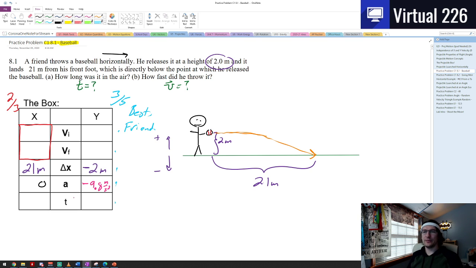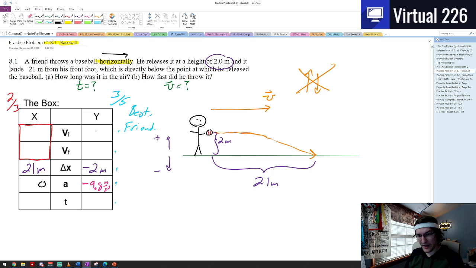And what else do we have? Well, we know that your friend is throwing the ball horizontally, so it's perfectly flat. If they throw this ball initially perfectly flat, they give it some velocity like this, none of this velocity is pointing up or down, which means there is no initial y velocity.